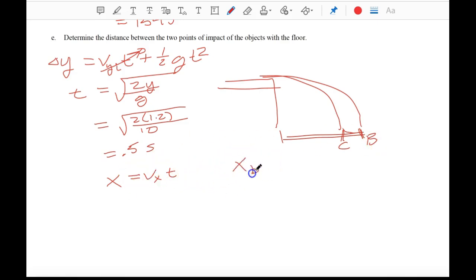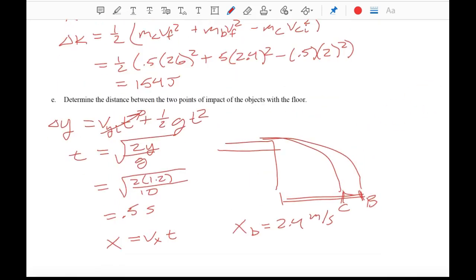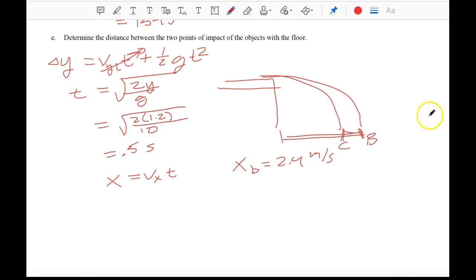So the position of the ball is equal to 2.4 meters per second times the time to fall. And remember, the time to fall is the same as the time to go left and right, so both times are going to be the same. This one's going to be equal to 1.2 meters.